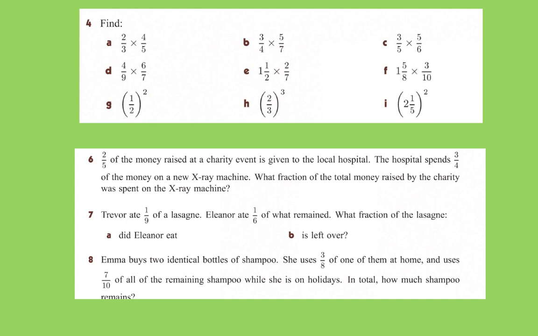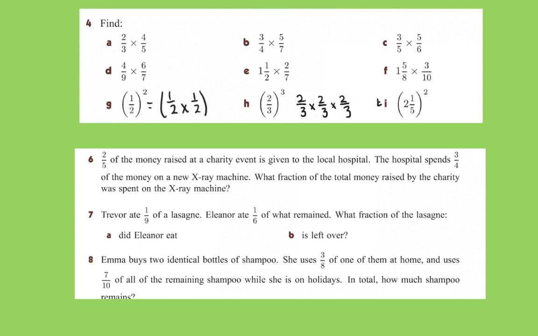So question G, a half squared. That's the same as going a half times a half. 2/3 cubed, 2/3 times 2/3 times 2/3.